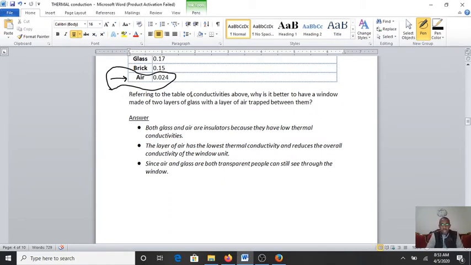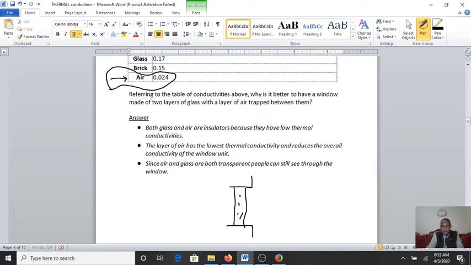Now let us look at this question. It says, referring to the table of conductivity above, why is it better to have a window made of 2 layers of glass? You see, it's double glazed. You have a piece of glass and another one, 2 pieces of glass. And these 2 pieces of glass, it's a double glazed window. They always trap some air between them.